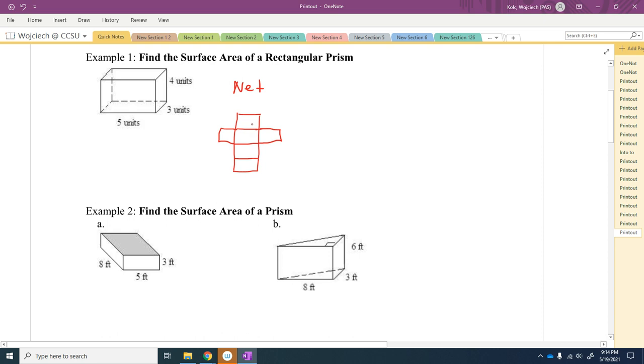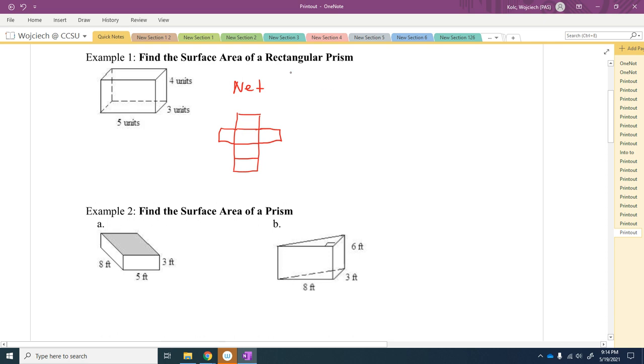In other words, if you fold this net, you will get a rectangular prism. You see 6 rectangles, just like in your room, you have 4 walls and floor and your ceiling.